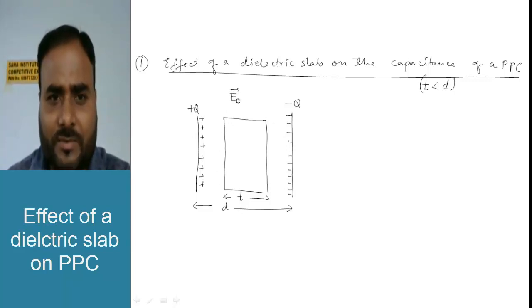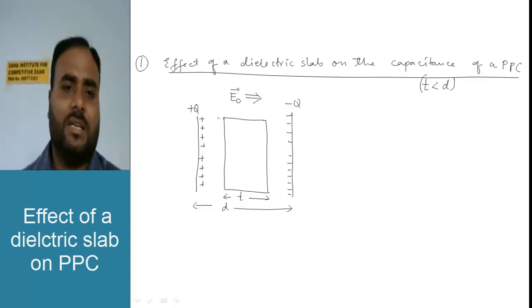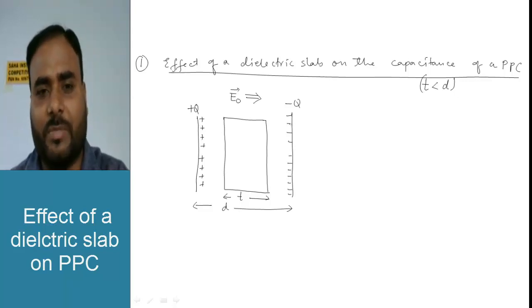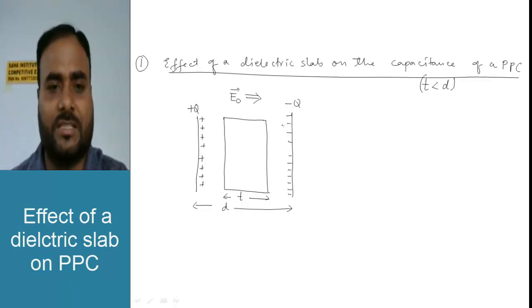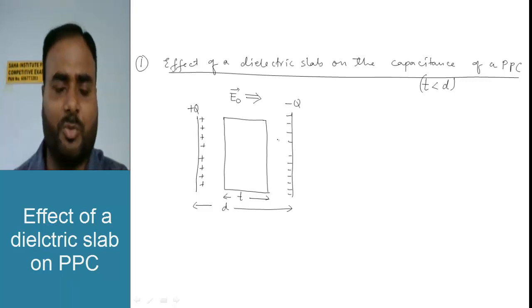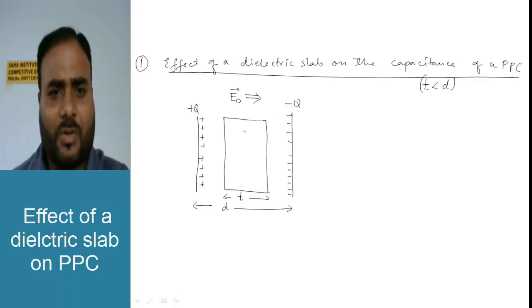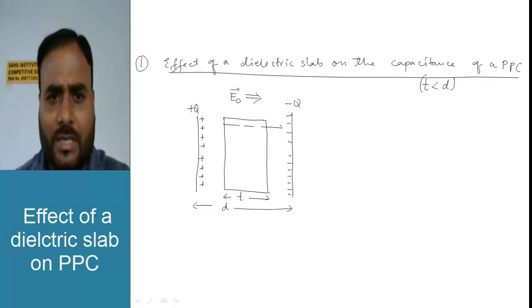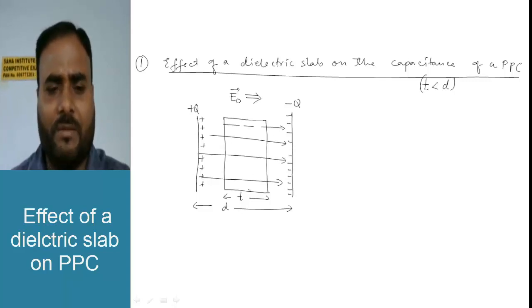Let me call that electric field E naught, and that electric field is always directed from the positive plate towards the negative plate, from high potential towards low potential. Now when this slab was not present, everywhere here the electric field was E naught.